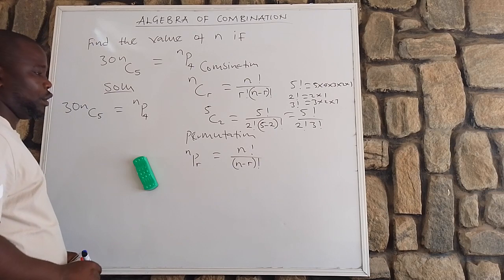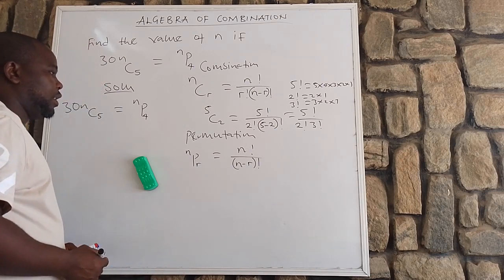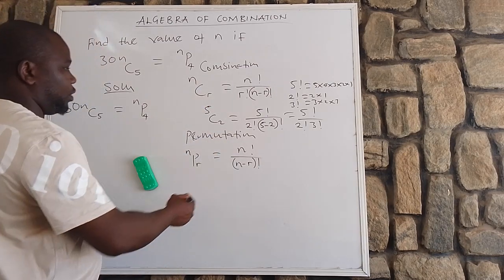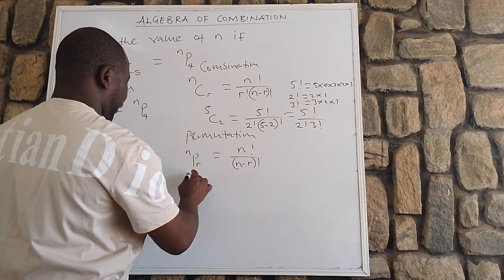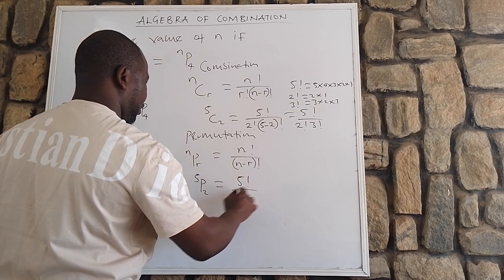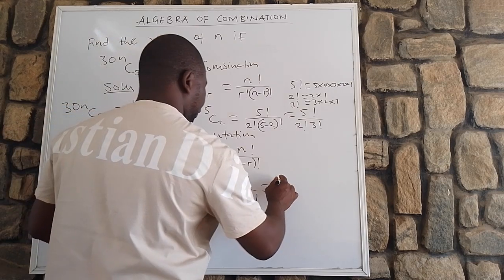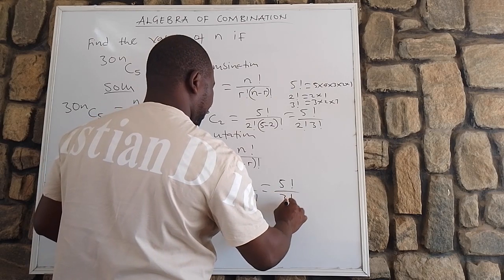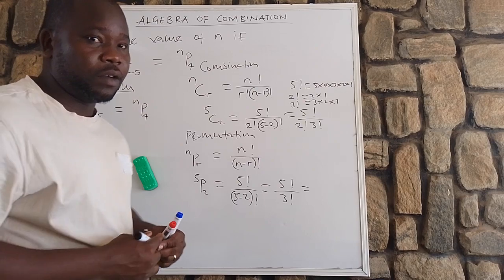Whenever you are to solve any problem on permutation or combination, you must take note of these formulas. So assuming 5 permutation 2, this is equal to 5 factorial all over (5 minus 2) factorial, which is 5 factorial all over 3 factorial. Then you just substitute and obtain your value.